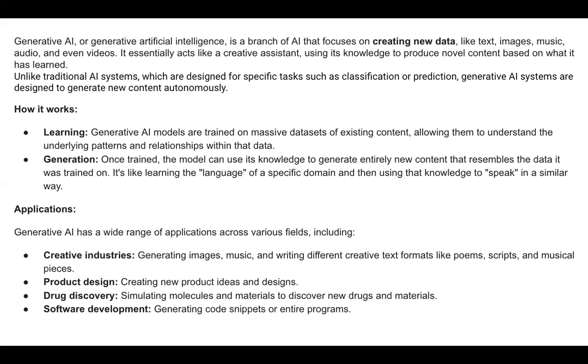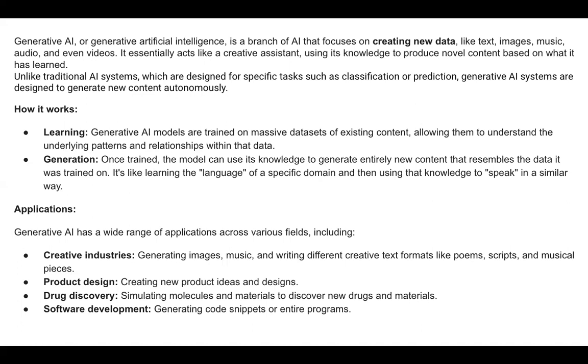It is a branch or a section of AI that focuses on creating new data. I mean, something new creation. That is why generative, like generate, create new data, such as text, images, music, stories, poems, audios, videos, everything.